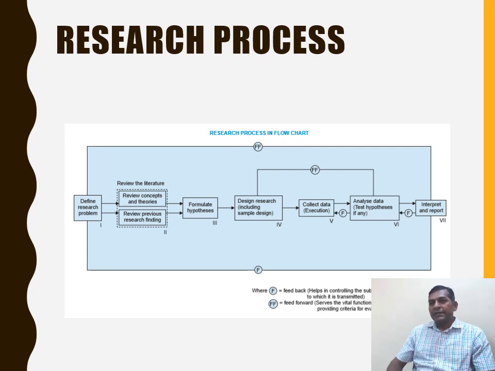Then the second stage is to review concepts and the already defined things. Go and read the theories that people have written. This is known as literature review. Many people might have written lots of books on it, many research papers, many things on the net you can find. If you have decided to work on some specific topic and people have already implemented it, then there is no use in executing the project or research.